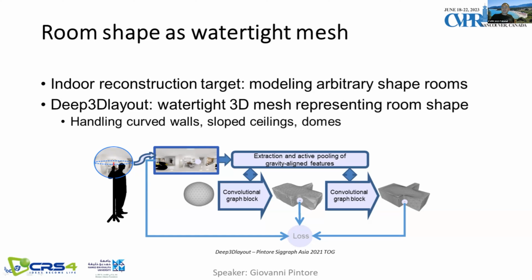As a result, the method generates 3D meshes for rooms not limited to Manhattan world or similar assumptions, like curved walls, sloping ceilings, but even domes or other complex geometric features not handled by prior methods.